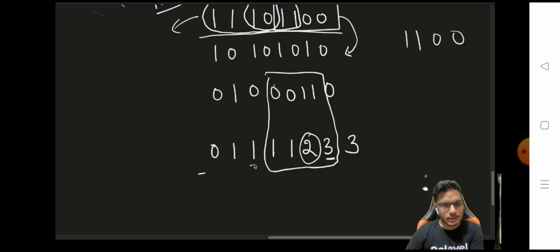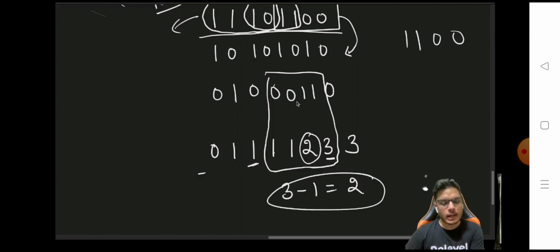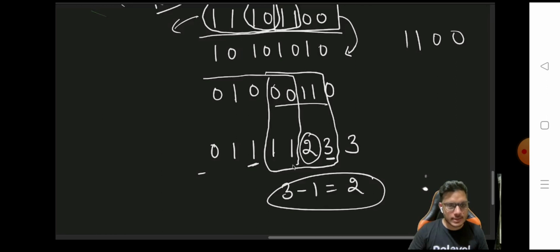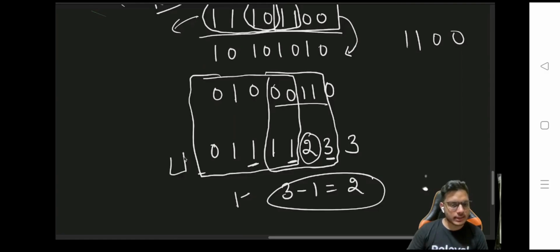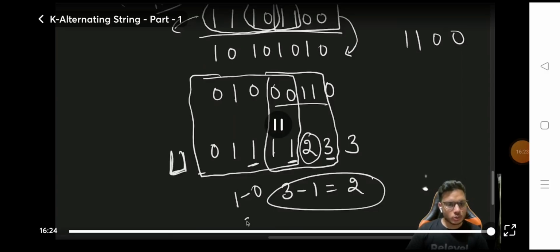This is 3, this is 1. If you subtract 3 minus 1, it is 2. And these are the number of 1 characters available between these, and this is 2. Similarly, just take anything. If you take this, you will ask how many ones are there in between? You take this 1 minus the starting point. There is nothing at the starting point, so 0. So it leads to 1. It means there is only one available. Do we agree?